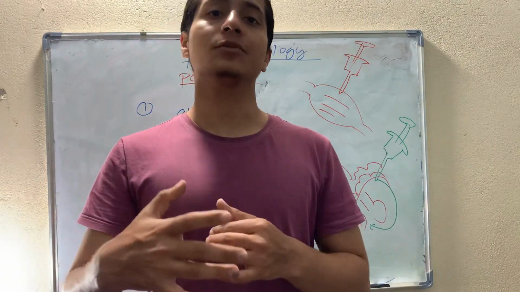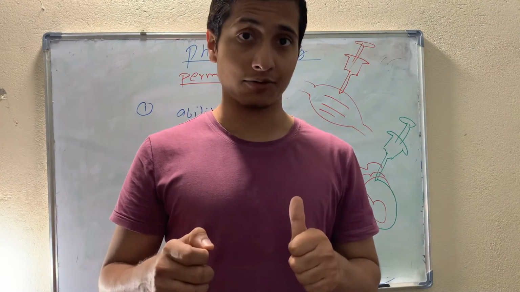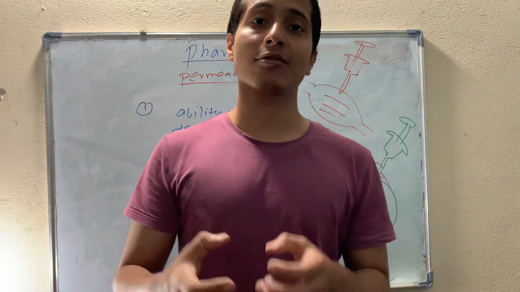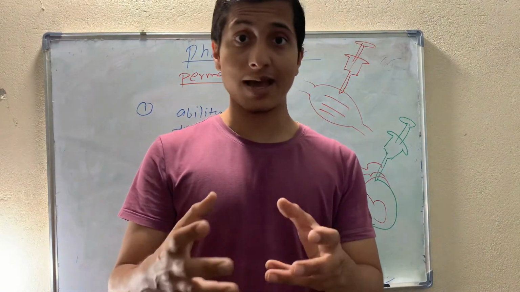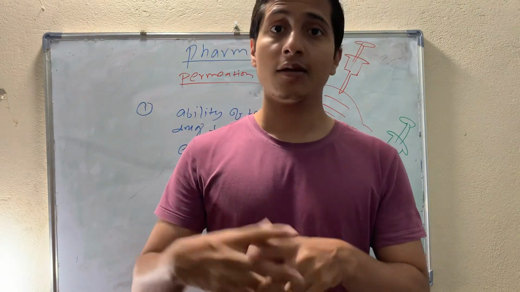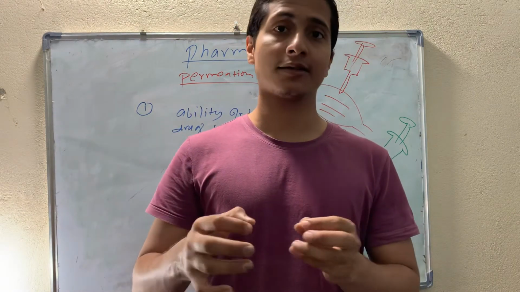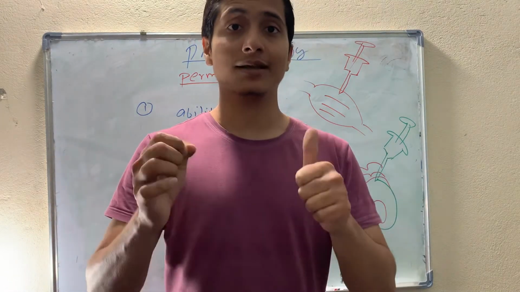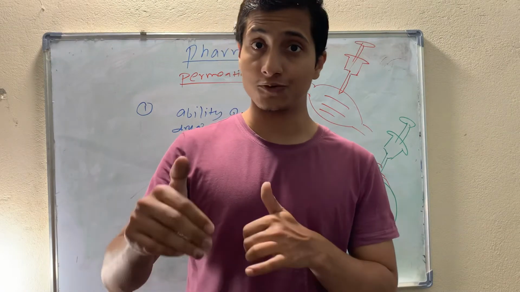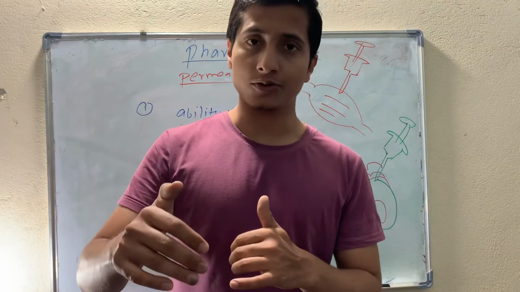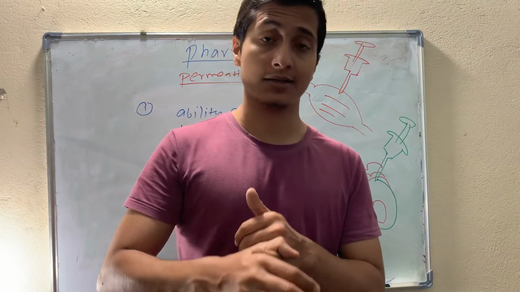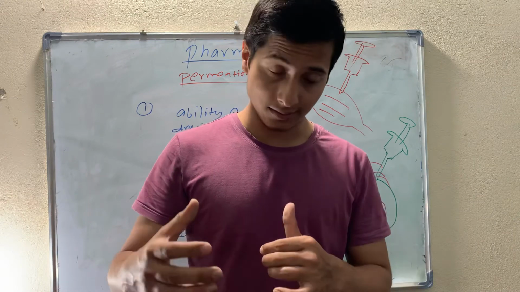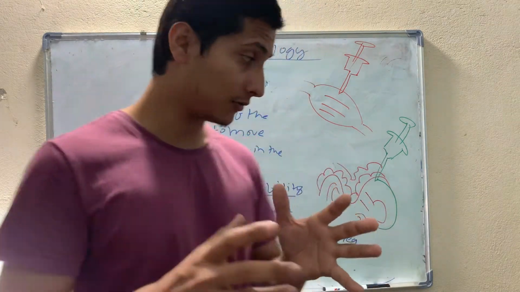The stomach has comparatively less surface area than the small intestine, so the small intestine can absorb more of the drug. The drug can move in the stomach, but not as effectively as in the small intestine.